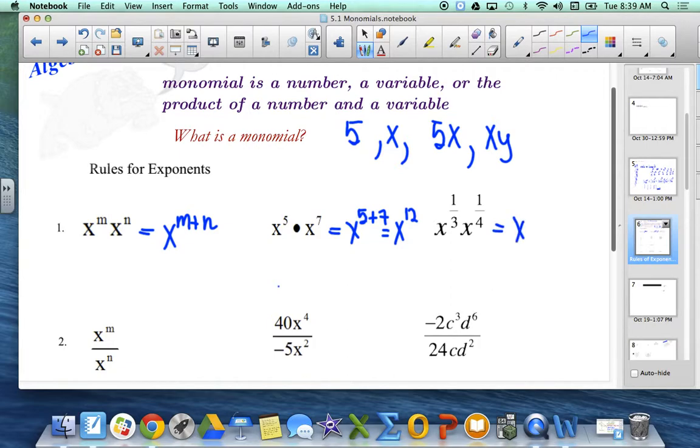This would be 1/3 plus 1/4. You would have to change these. This would be 4/12 plus 3/12, and you would get x to the 7/12. Everybody okay with that rule? All right.